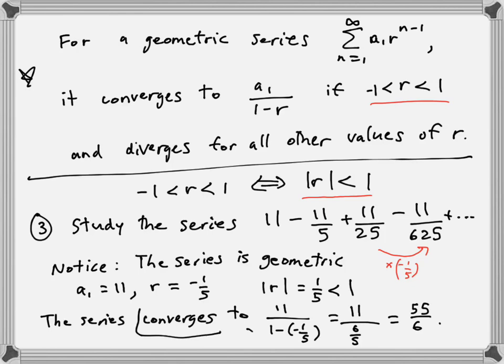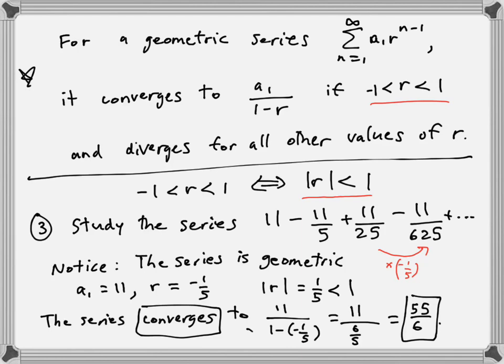So it converges, and it converges to this number. Which simply means that if you were to add these terms forever and ever, the terms would approach 55 over 6. And remember, this is as a limit, so this means it gets as close as we want. The longer you do it, the closer you get.